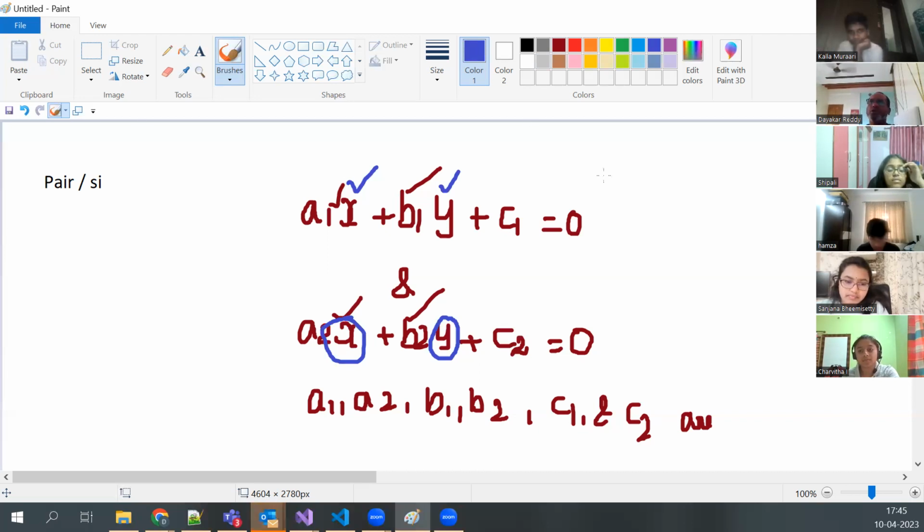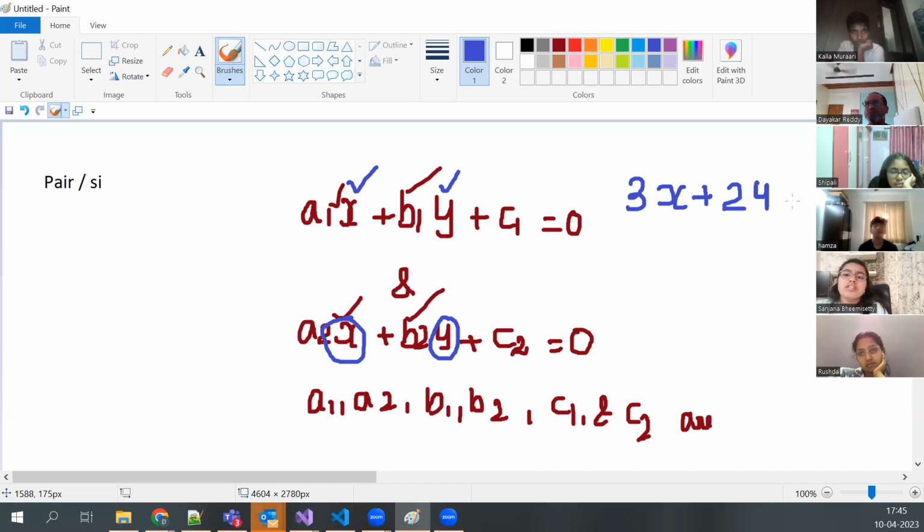See, if I give 3x plus 2y equal to 0, and I'm not giving another equation, then it is a linear equation with one variable, and it will have many solutions. If I want to find the exact values, you have two variables and they should give two equations. Then only I can find. That is a blind rule, children.